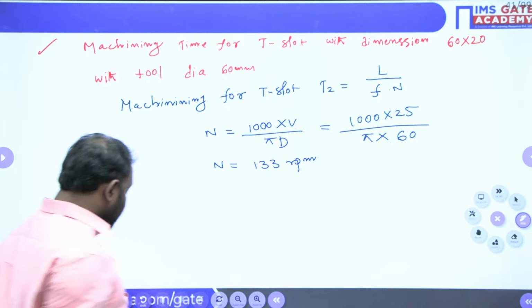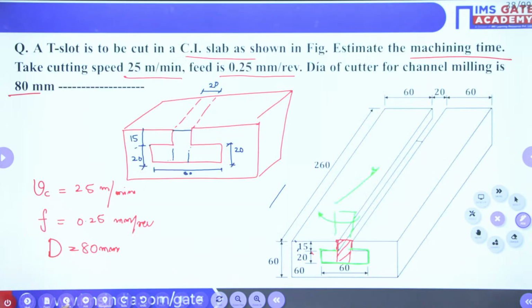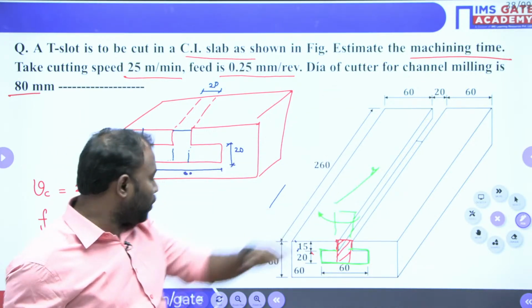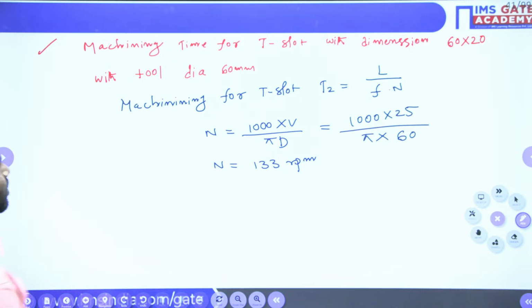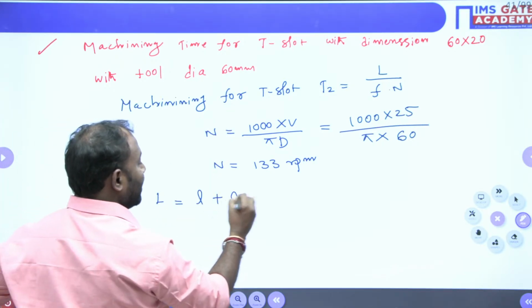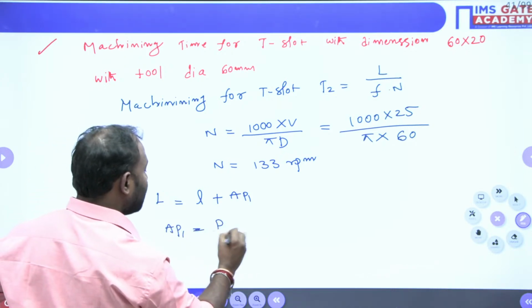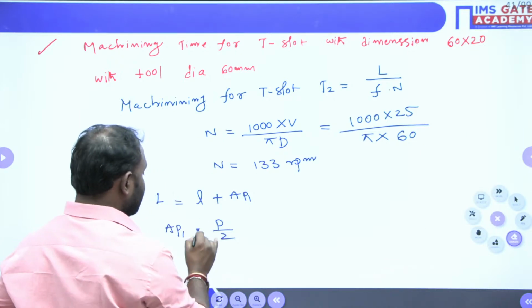Now, it is a slot milling, T-slot milling operation. So, what is the approach length of the tool travel? Let me decide that L equals length of the job plus AP1. Here AP1 is equal to diameter by 2.